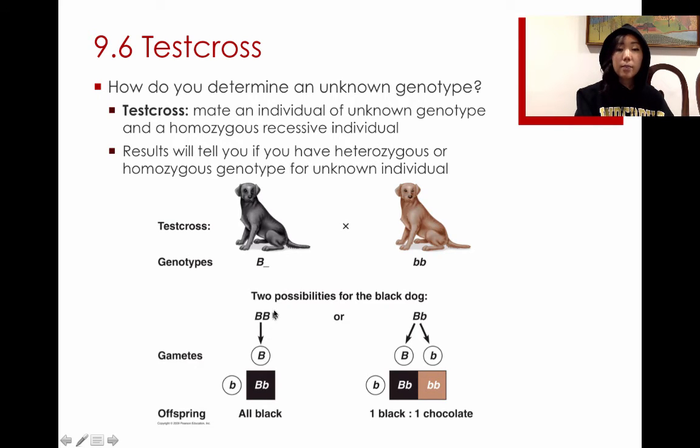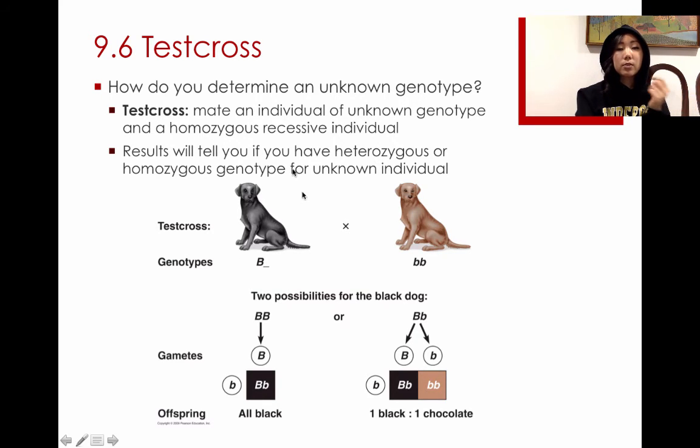So there are 2 different possibilities when you have an unknown genotype. If it's expressing a dominant allele, it could either be homozygous dominant or heterozygous dominant. If you cross it with a homozygous recessive individual, you can have these 2 as possibilities. If the original organism happened to be homozygous dominant, then all of the offspring in the cross of these 2 would express the dominant allele.